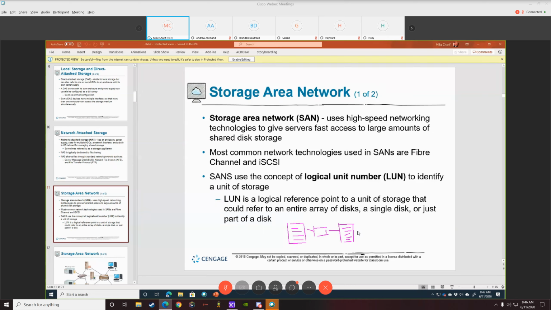So when you're trying to save stuff, we need to know how to access it. So this is how they identify it, by logical unit number, LUN. A LUN is a logical reference point to a unit of storage that could refer to an entire array of disks, a single disk, or just part of a disk.